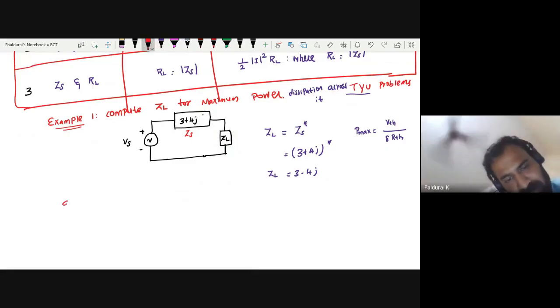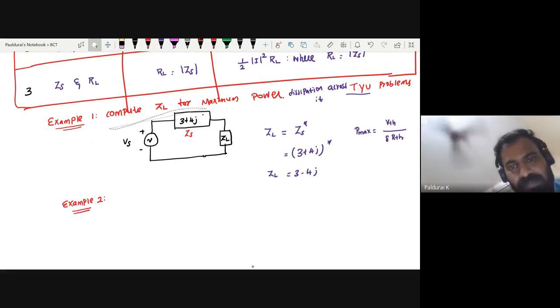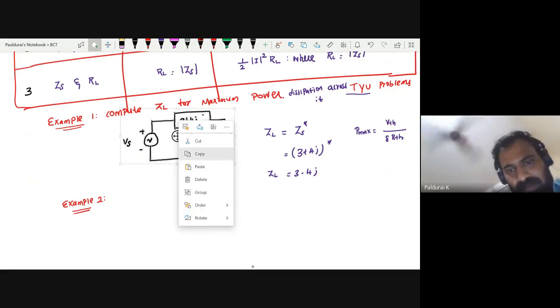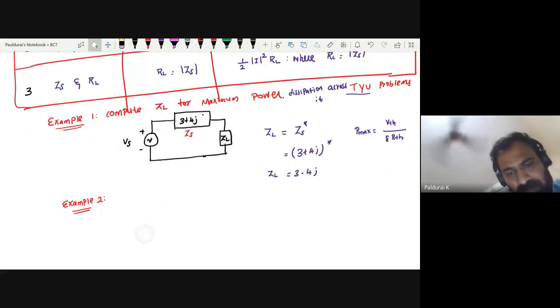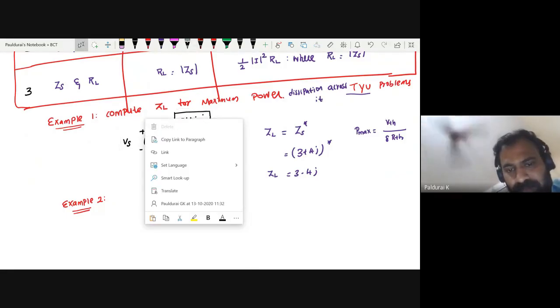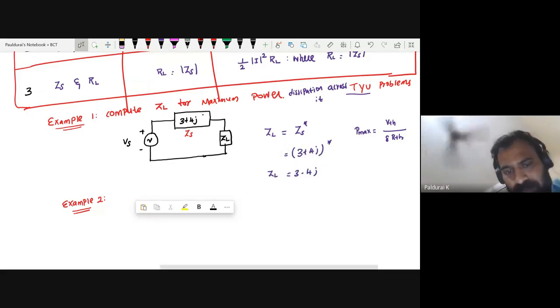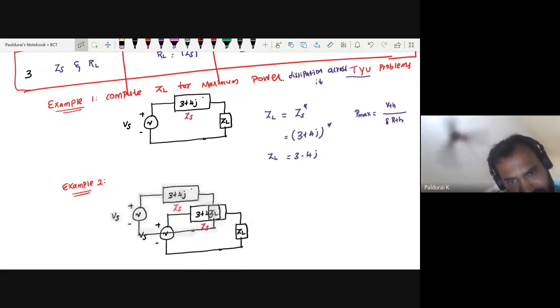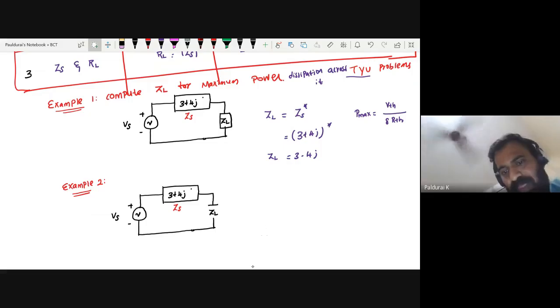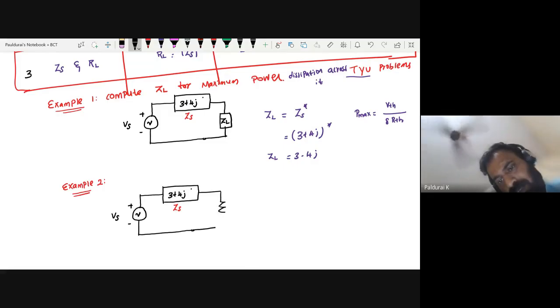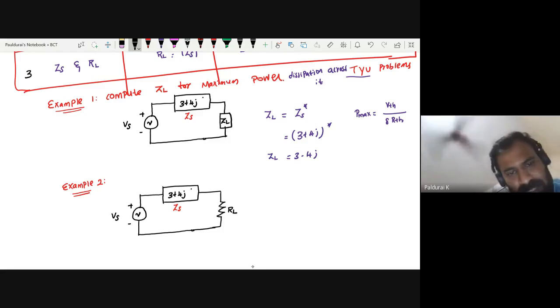Example 2. Take the same problem, but this time instead of impedance, I want to connect a resistance.